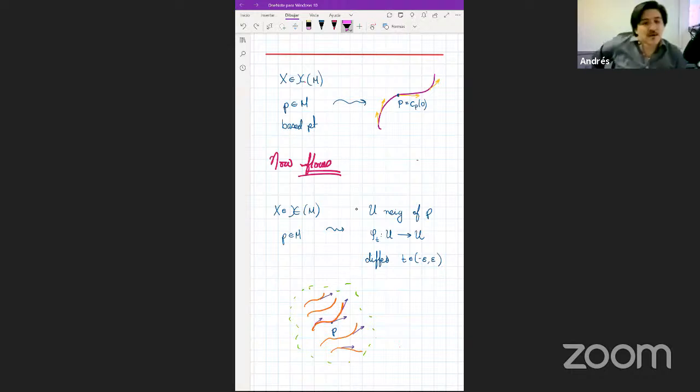Okay? Now, before moving on, I would like you to think about this. So you have a vector field X here. And I draw P and the integral curve through P. There it is. Now take any other point that does not belong to that integral curve.